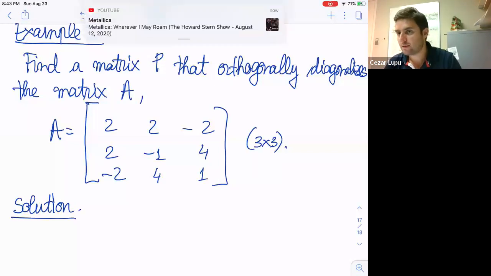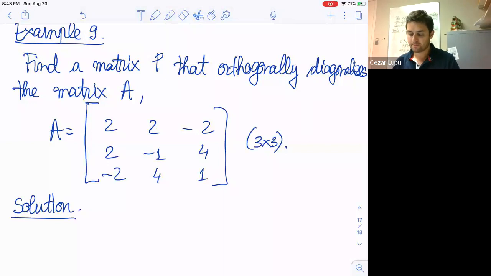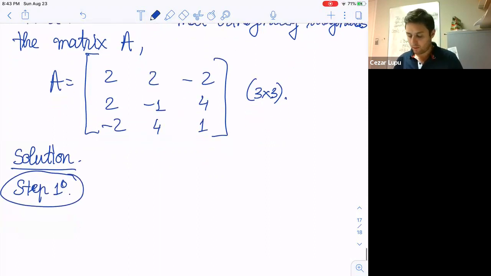The only difference is that this time we have a 3 by 3 matrix. Okay. Step 1. We need to find the eigenvalues.